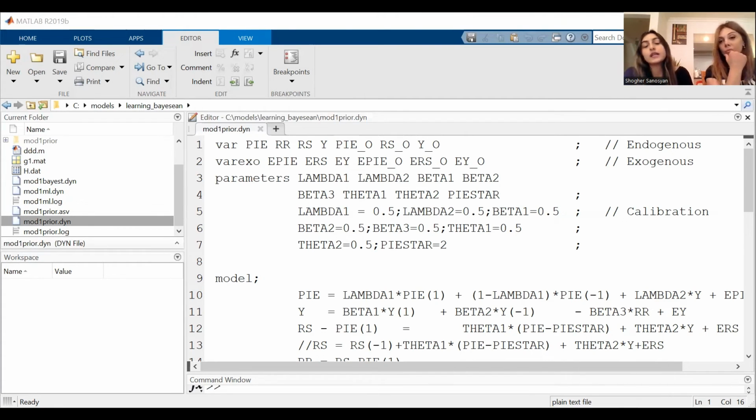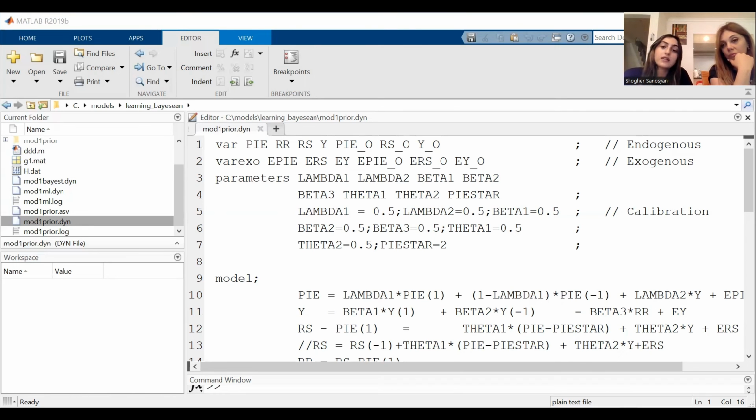When you are looking at a model, it is very important to look first at the equations, because they are the heart of the model, and we can find here the whole economic relationships. The model consists of equations for inflation, the output gap, and interest rates, all tied together with some parameters.